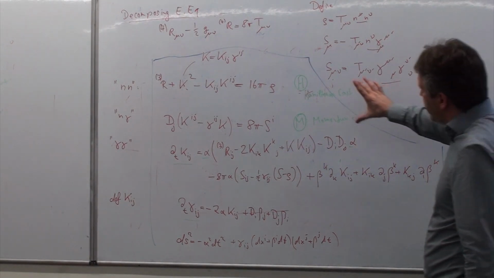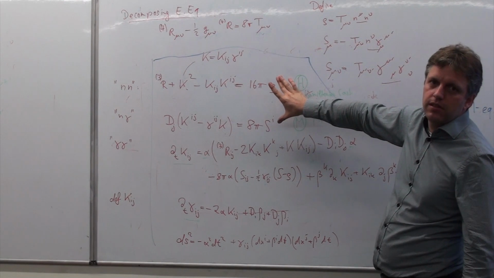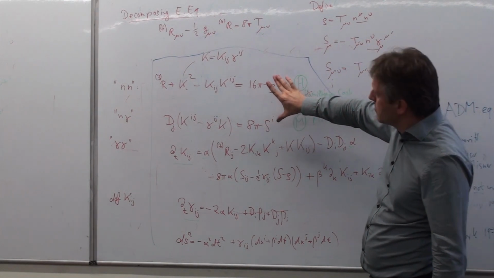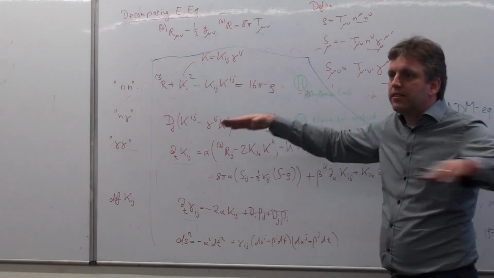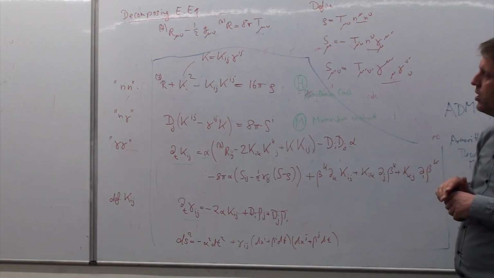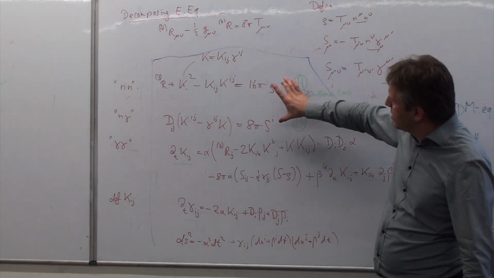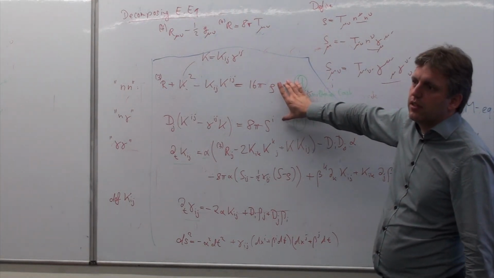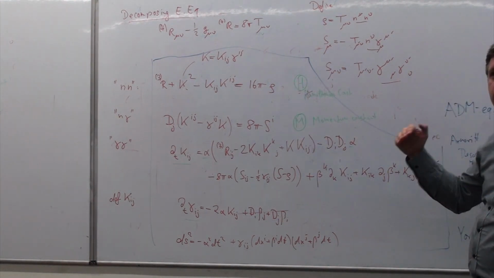These two equations, H and M, do not contain any time derivatives. So when we think about writing down data at t0, we better choose Kij and gamma ij that satisfy these two equations. Otherwise, we have inconsistent initial data and can't evolve at all.